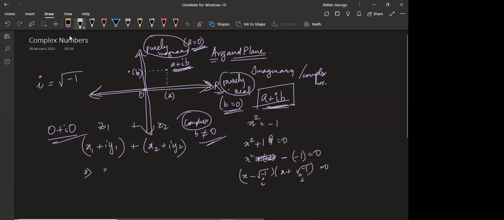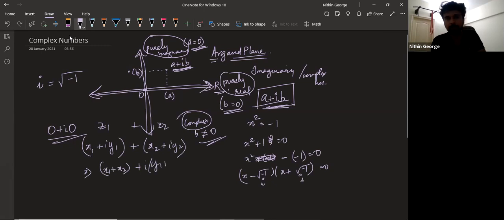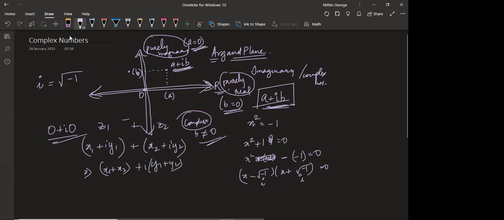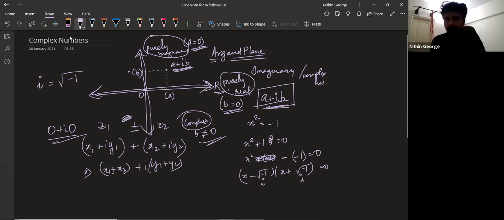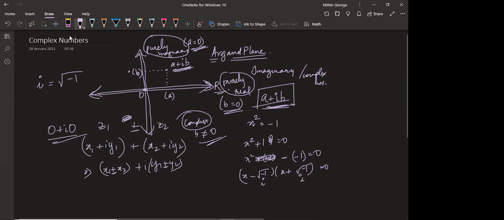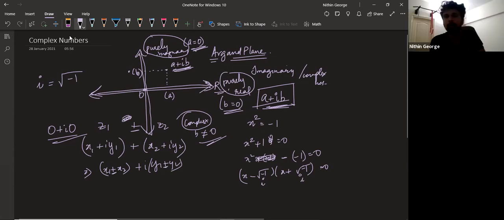Yes, sir. We add real parts separately and imaginary parts separately. Lovely. When we subtract them? Same way, sir. So it's x1 minus x2 plus i into y1 minus y2. Now just multiply both of them. What do you get?